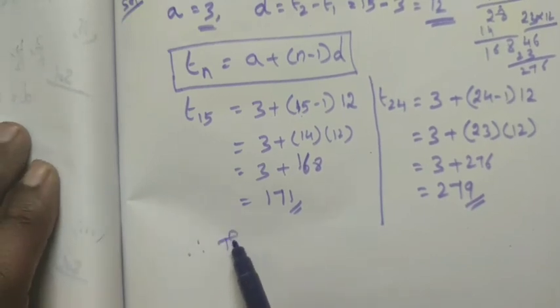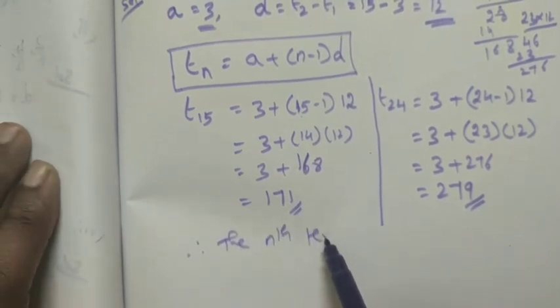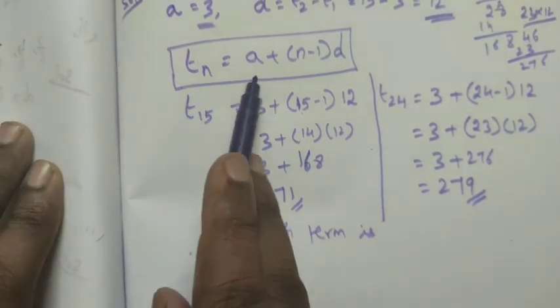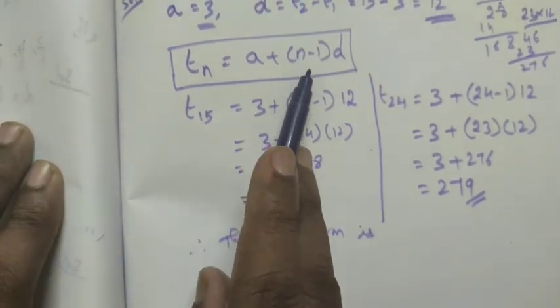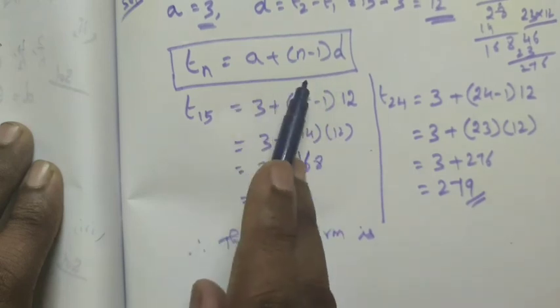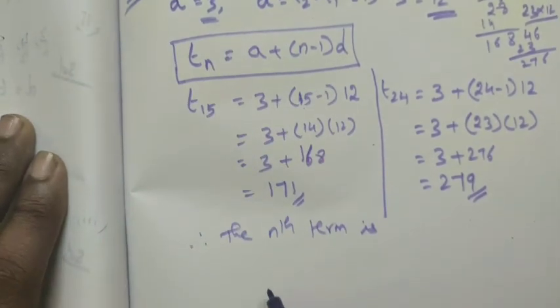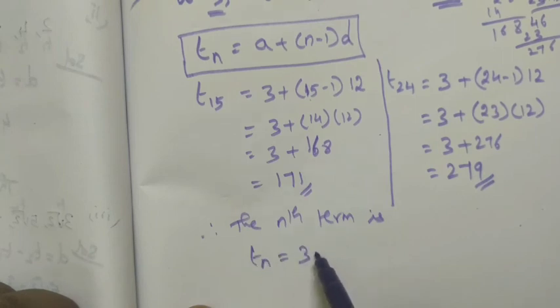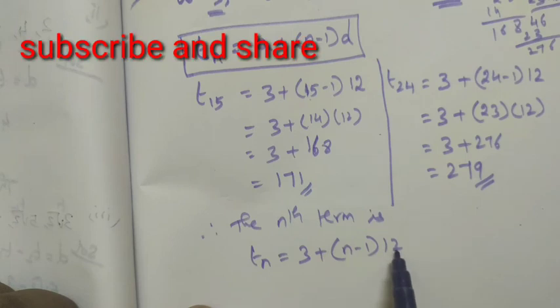Therefore, the nth term is: in the place of Tn, leave n as it is, and the a and d values are known, right? In the place of a and d, apply the values. So Tn, that is the nth term, is equal to 3 plus n minus 1 into 12. Now multiply the 12 inside.